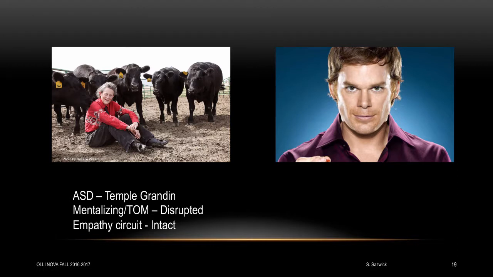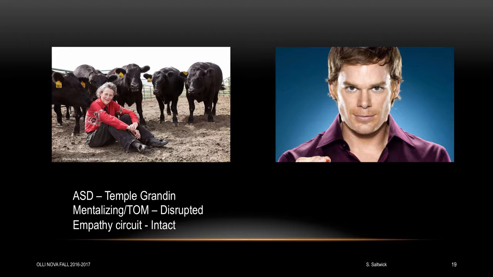People in this condition can clearly be shown to have a range of difficulty in mentalizing about the thoughts and beliefs of others. However, their ability to share the feelings of others, that is, empathy, is intact. In fact, in Temple's instance, it's legendary. Using her empathy, she has done amazing things in the progressing of livestock management, especially at slaughterhouses, and she has made tremendous contributions to the industry along this path.